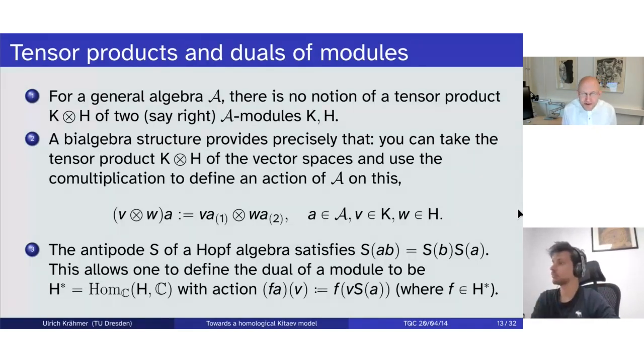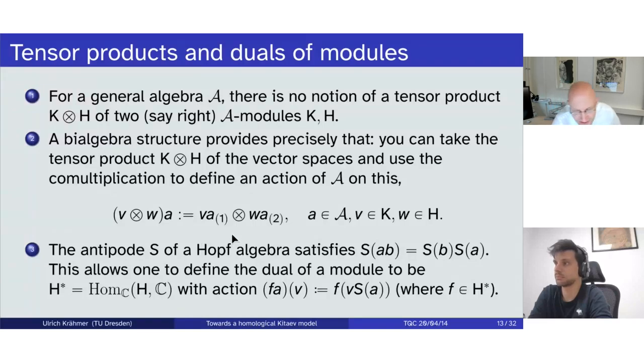And a bialgebra structure is precisely what you need to do this, because you can then form the tensor product of the vector spaces K and H. So this is now the tensor product over K. And you can turn this into a right module again in this way. So if you give me an elementary tensor V tensor W, how do you act with an algebra element A from the right on this?